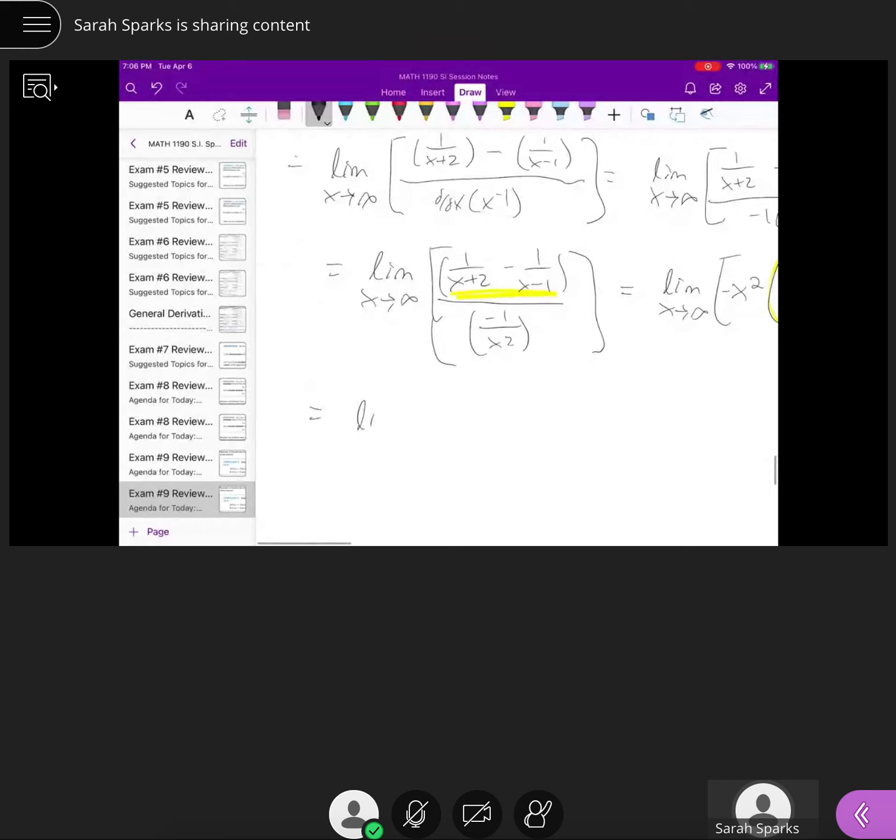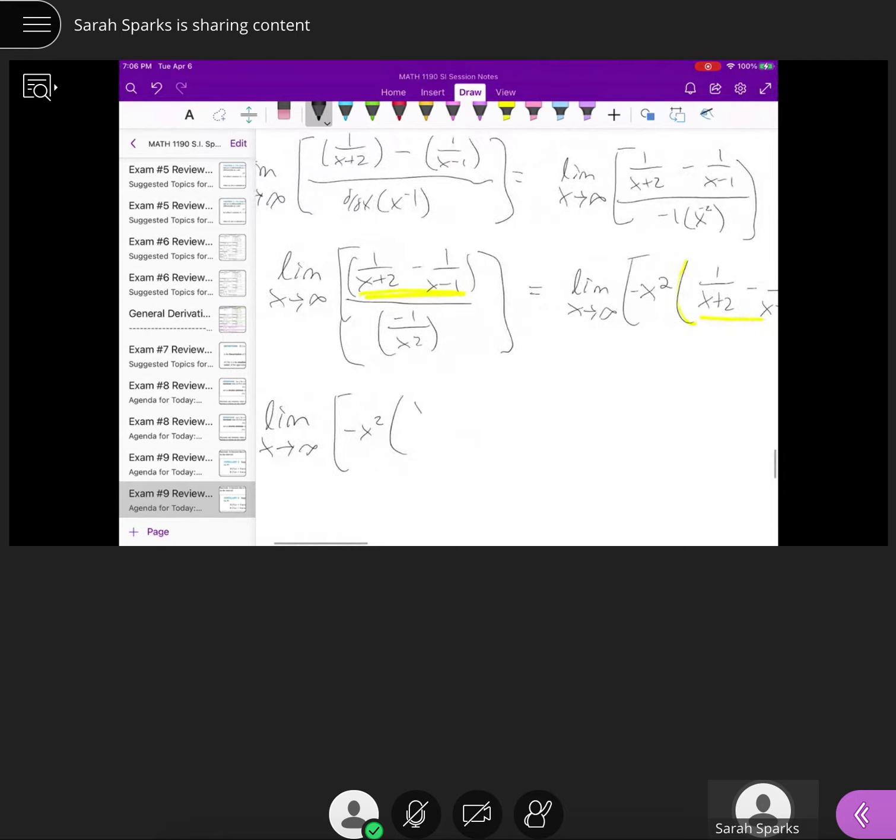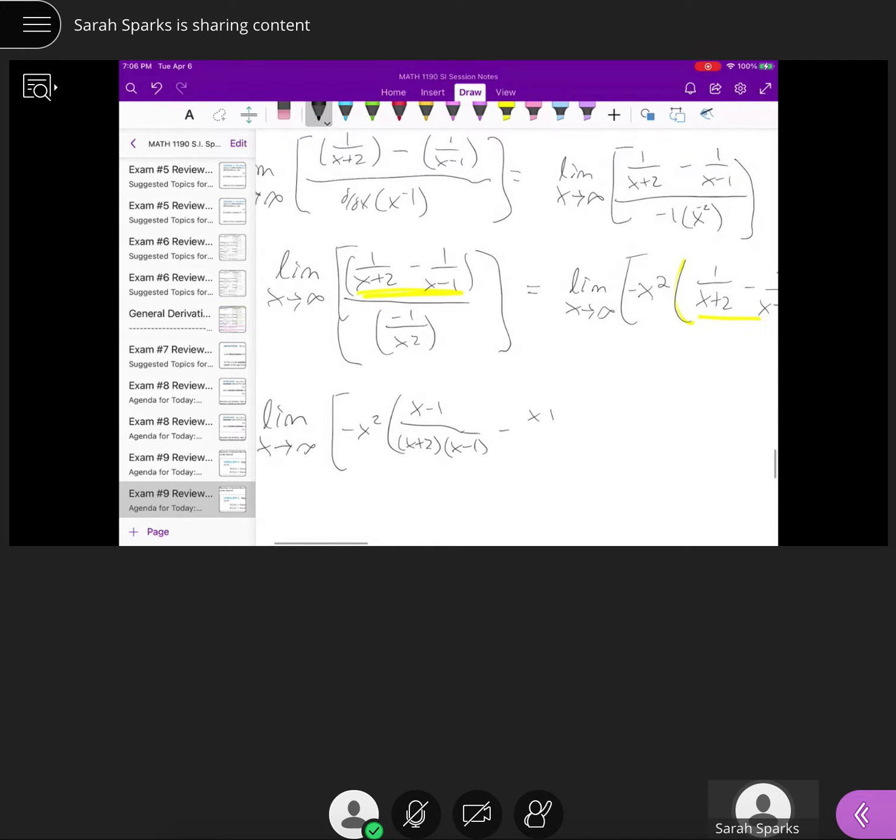So we get the limit as x goes to infinity of negative x squared times x minus 1 over x plus 2 times x minus 1, minus x plus 2 over x minus 1 times x plus 2.